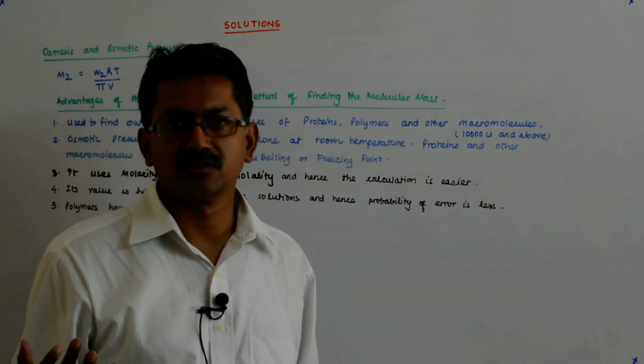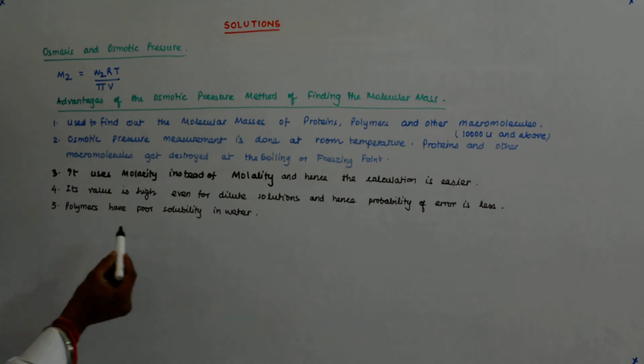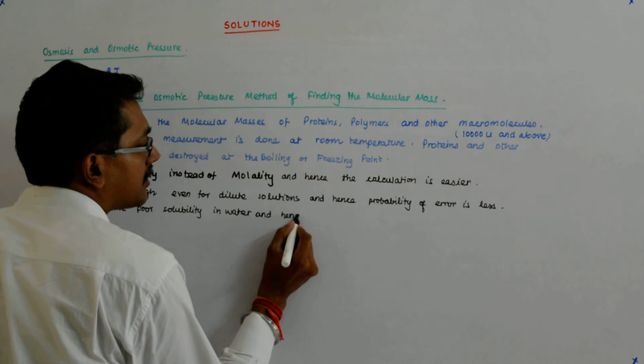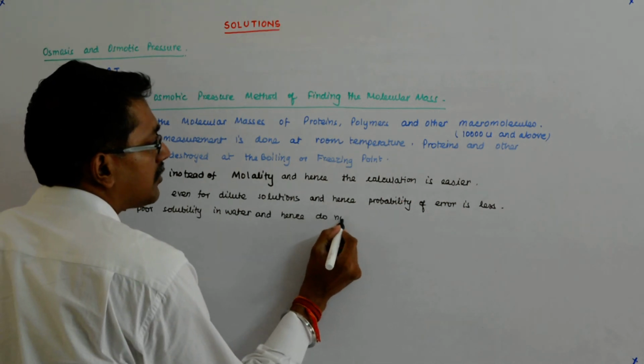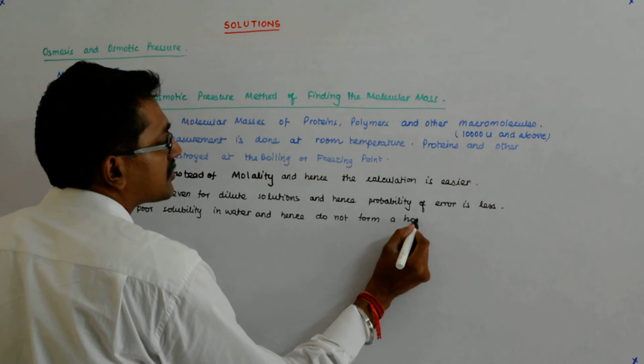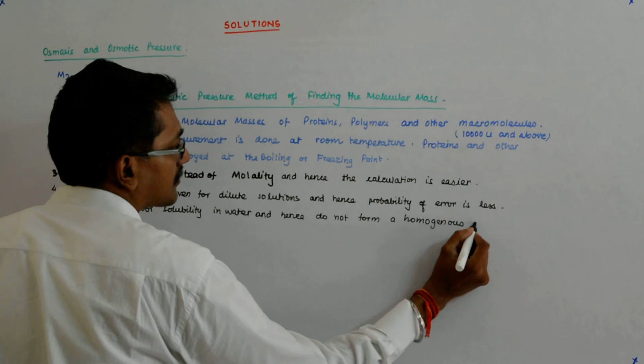They are homogeneous. But polymers have poor solubility in water and hence do not form a homogeneous mixture.